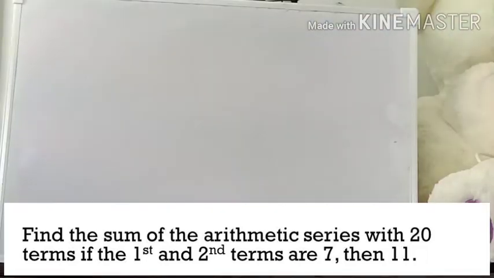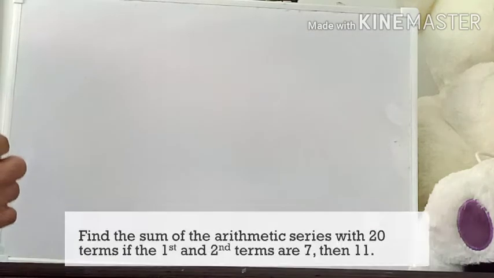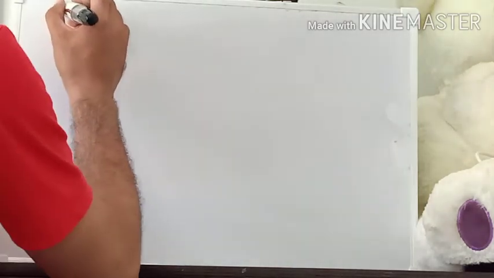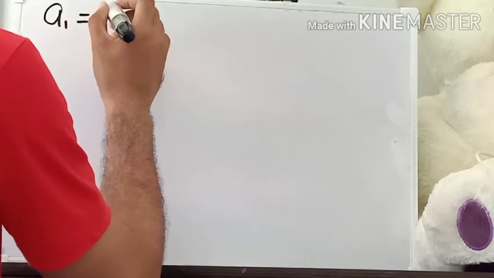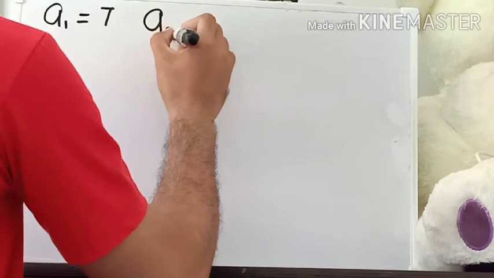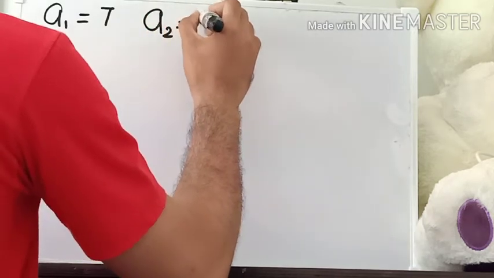For this problem, what we are going to do first is to figure out what is our first term, what is the common difference, and the number of terms in the series for which we are going to find its sum. And obviously, based on the problem, since the first and second terms are given, then our first term is 7, second term is 11.